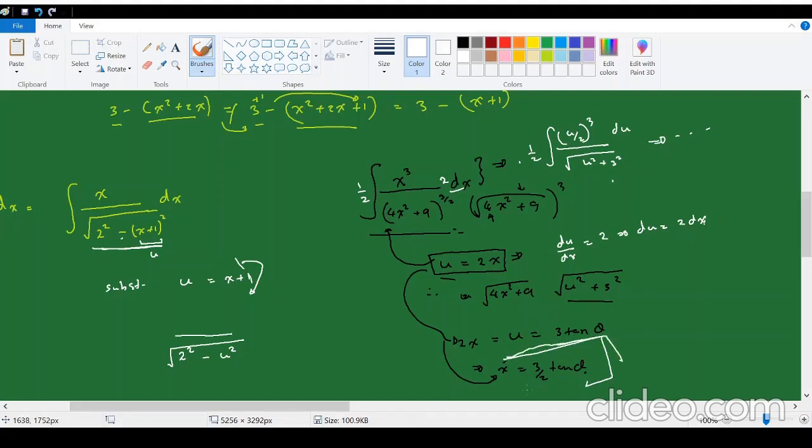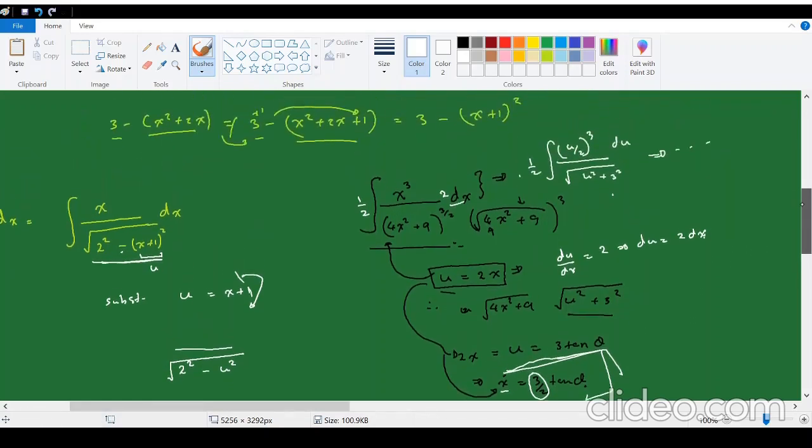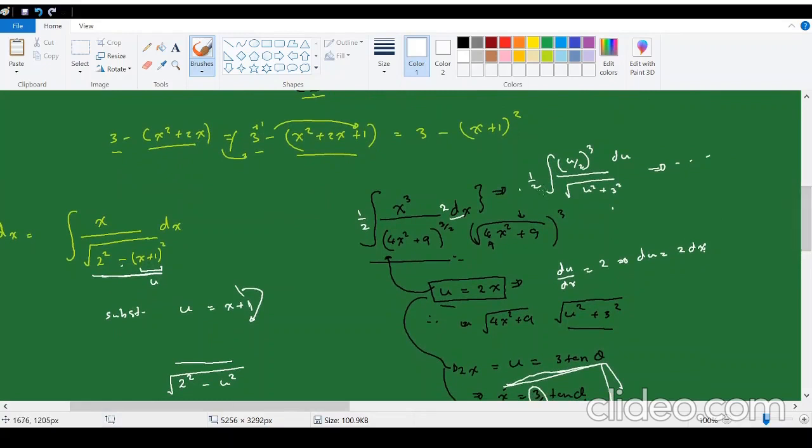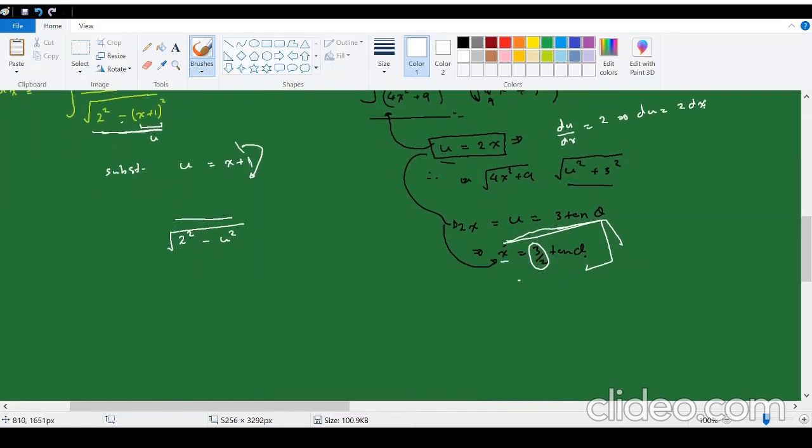And since here we have x as a coefficient multiplied with a number, everything simplified very easily. But let's see whether we can avoid this step and use this direct technique to evaluate this new integral.